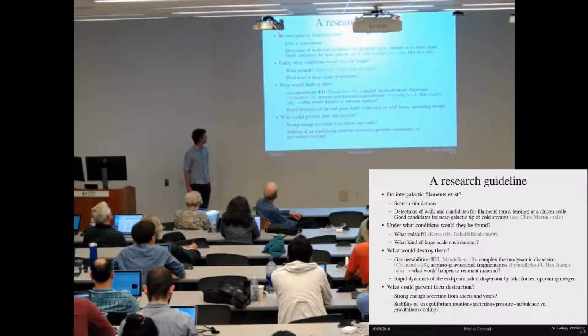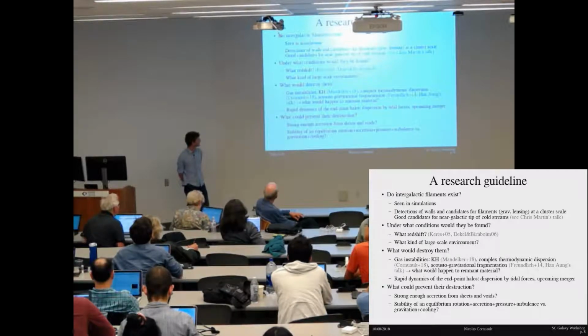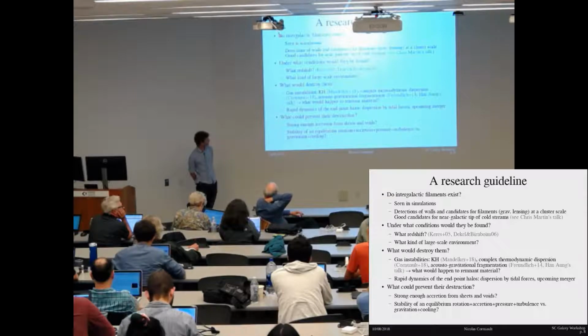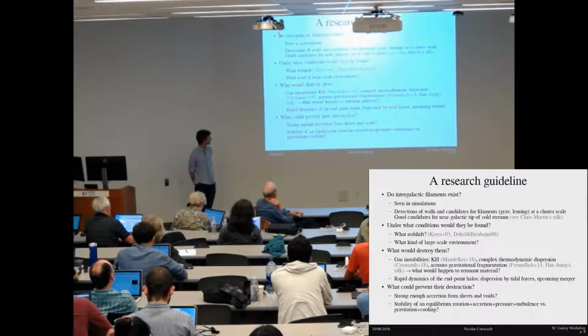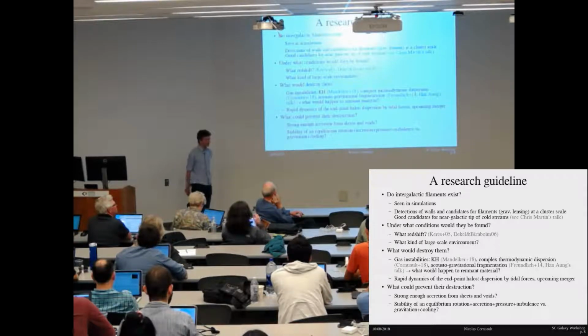Up to what redshift? What would destroy them? So gas instabilities, as Nir and Han have said this morning. Other dispersion mechanisms, as I have studied during my PhD thesis. Or other kinds of fragmentation even above the virial radius, like Jonathan Freundlich, Han Ong, and other people have tried to study very theoretically.